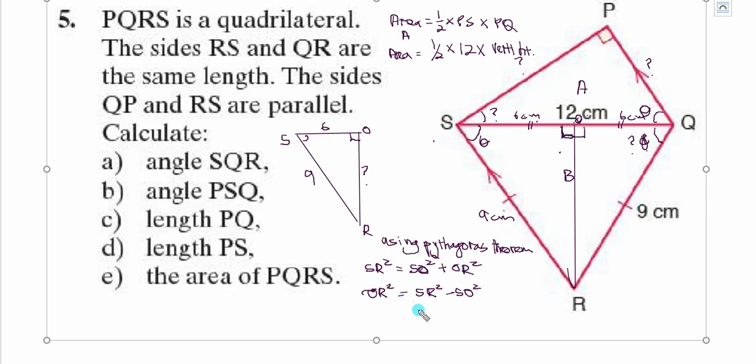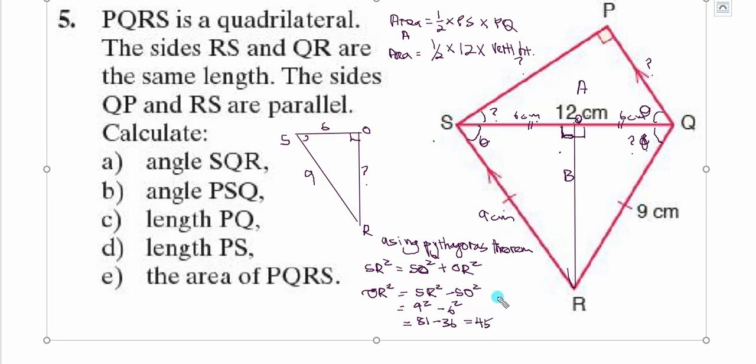Then we interchange the place. So SR square is 9 square minus 6 square. Okay, this 81 minus 36 gives you 45.